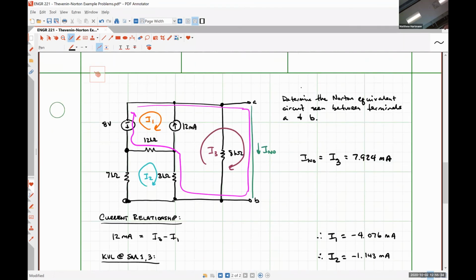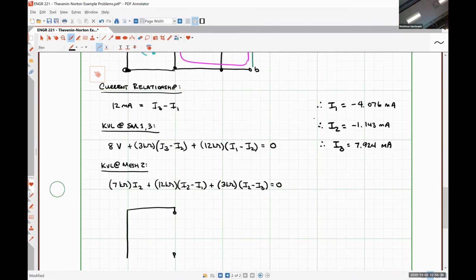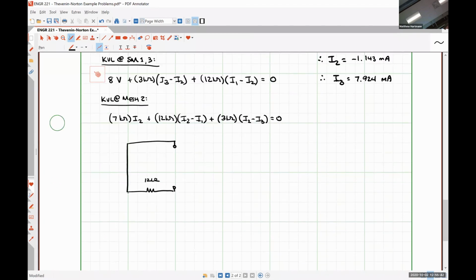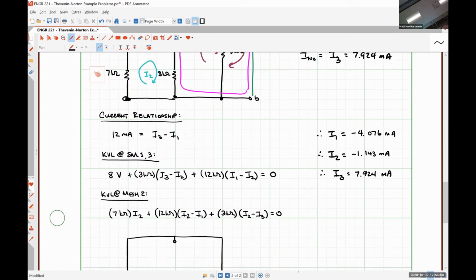Then we're going to have 12 kilo ohms, 3 kilo ohms, 7 kilo ohms, 8 kilo ohms.